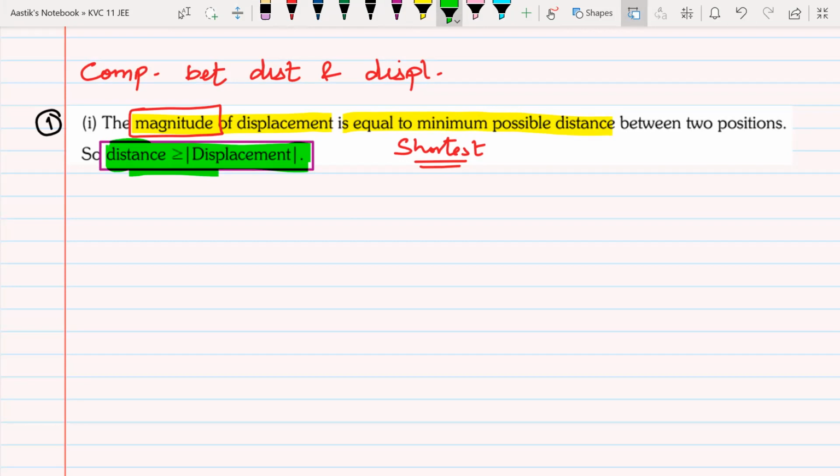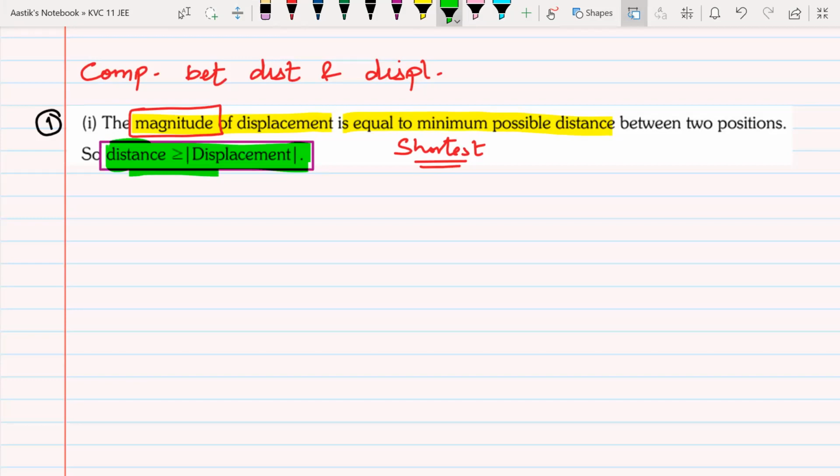Whenever we are comparing displacement and distance, we are actually comparing the magnitude of displacement and distance. You understand this? Okay, so that is the first point. Everyone has written this first point.